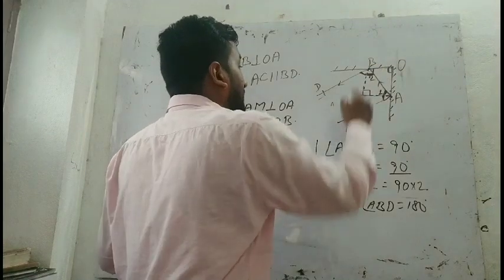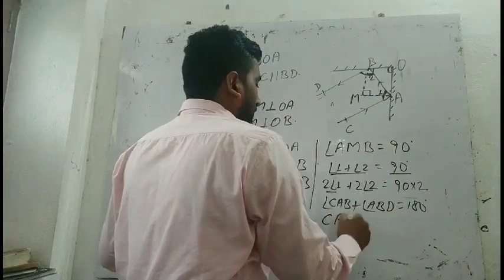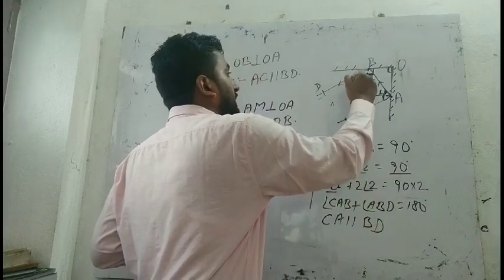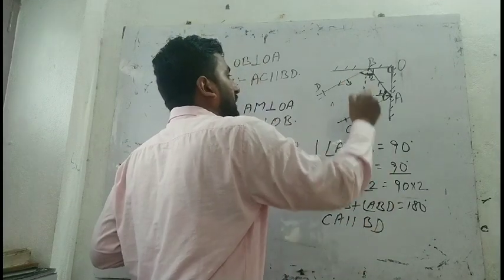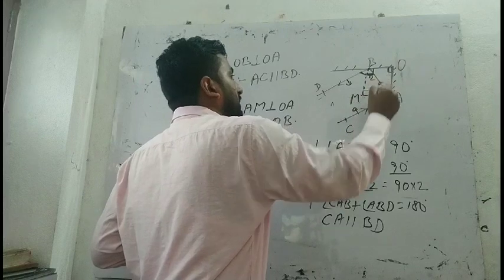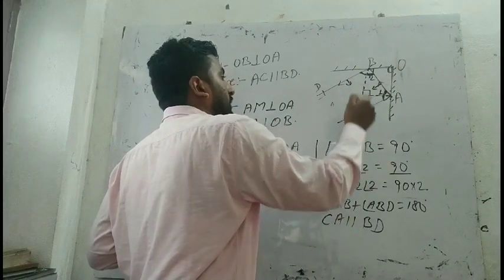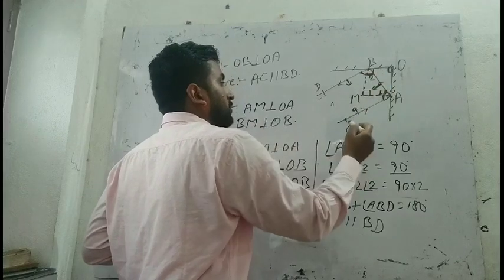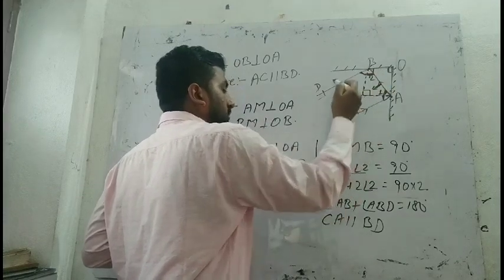So we can say that CA is parallel to BD. These are interior angles on the same side of the transversal, and their sum is 180 degrees. So we can say that this line is parallel to this line.